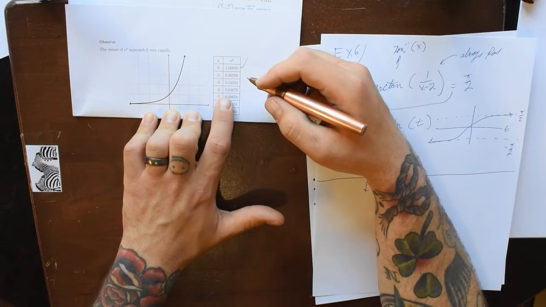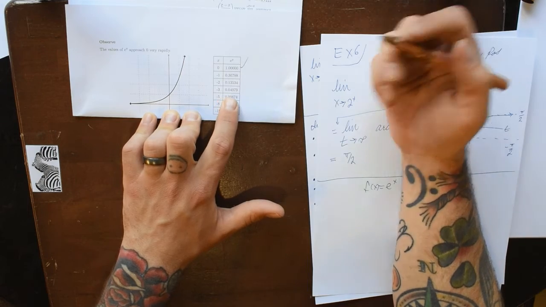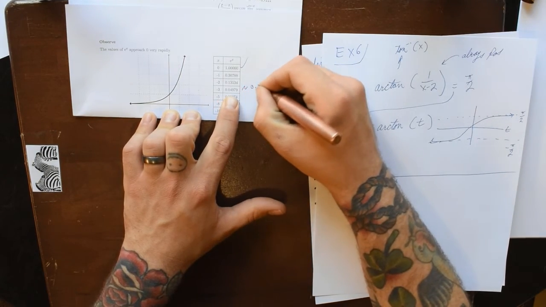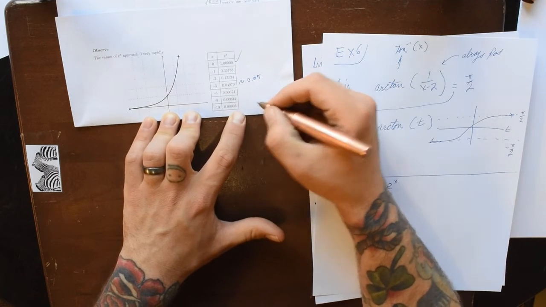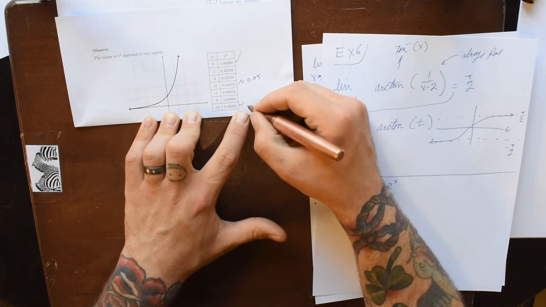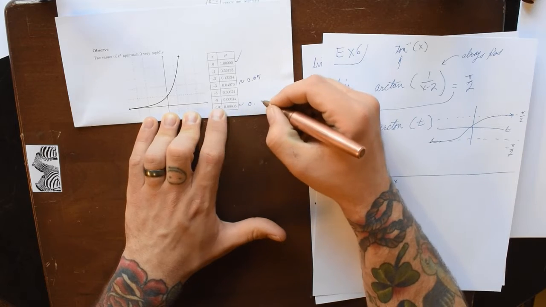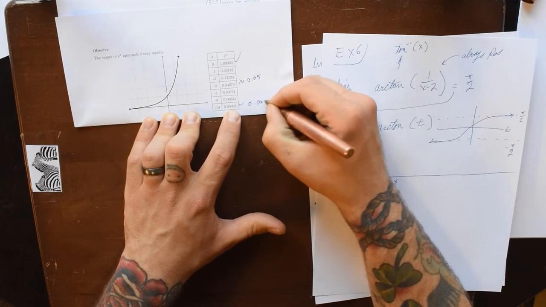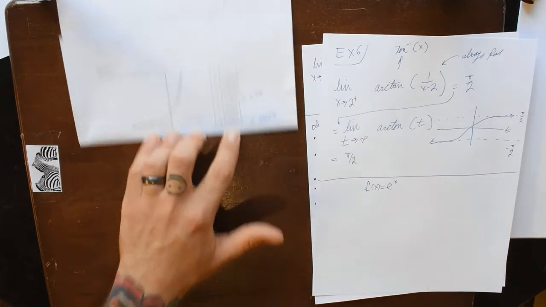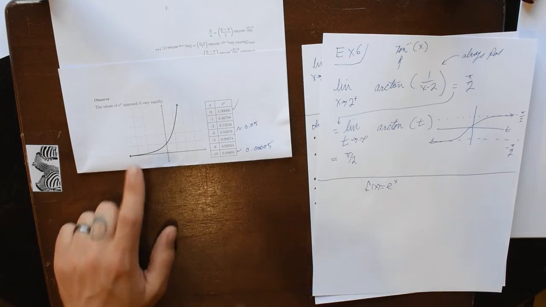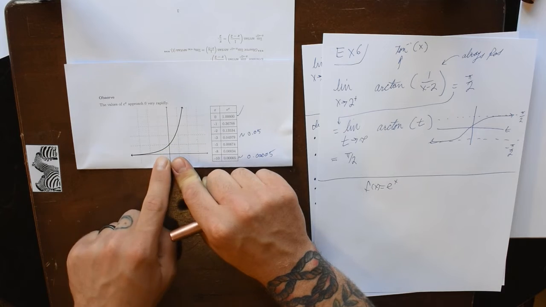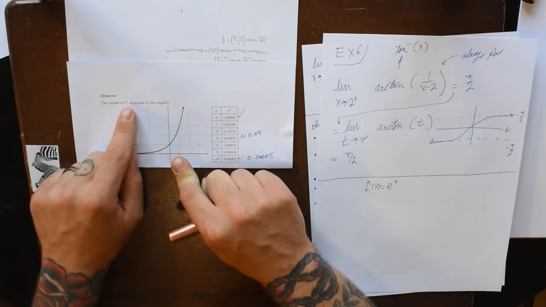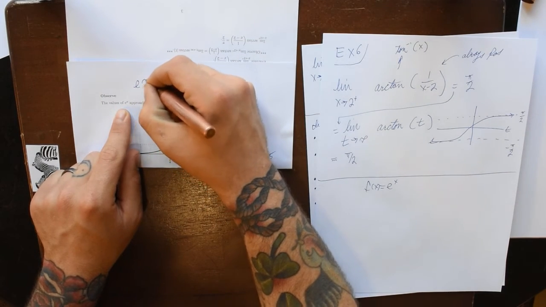By the time we get to negative 3, we're already at about 0.05, and at negative 10 we are at, honestly, about 0.123. So as x gets really small, e to the x approaches 0. e is about 2.7.